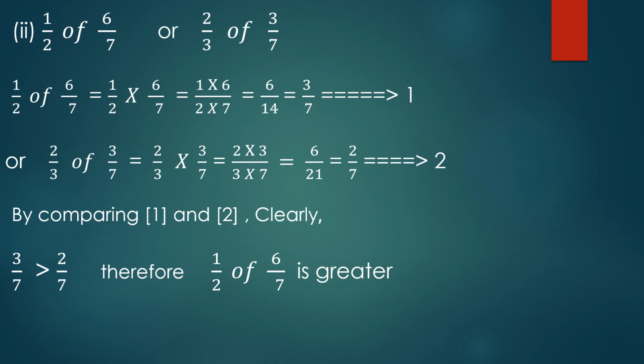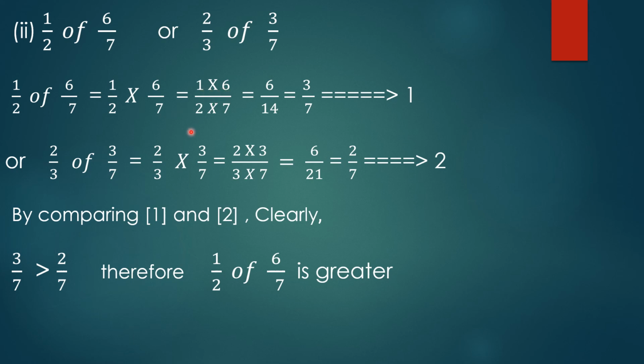Now let us solve the second question. 1 by 2 of 6 by 7 or 2 by 3 of 3 by 7. So we have to find out which one is greater out of these two. So let us consider the first one, 1 by 2 of 6 by 7, which is equal to 1 by 2 into 6 by 7, which is equal to 1 into 6.